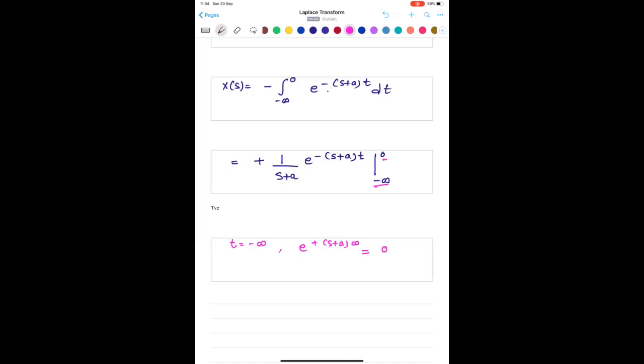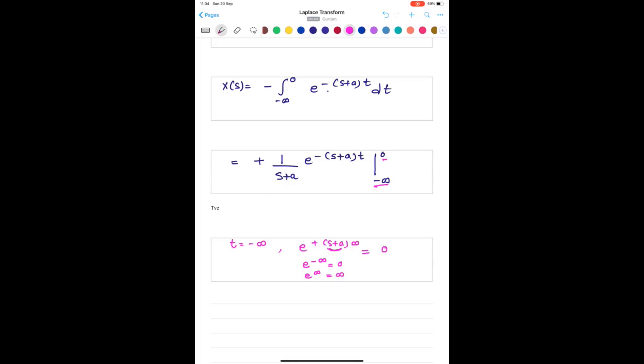So in order for this to be 0, this should be equal to negative. Why? Because we must know at this point that e raised to the power minus infinity is equal to 0 and e raised to the power infinity is equal to infinity.